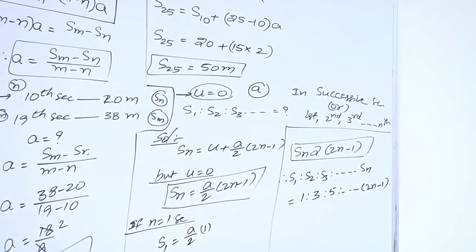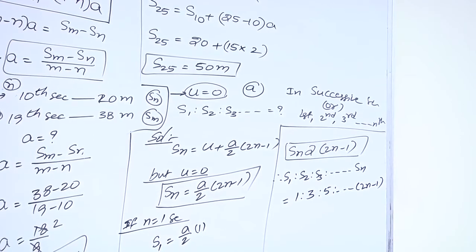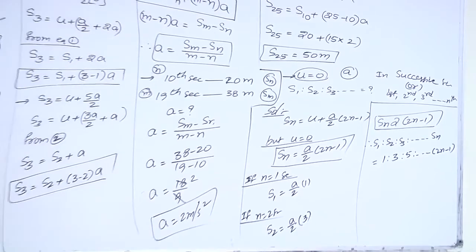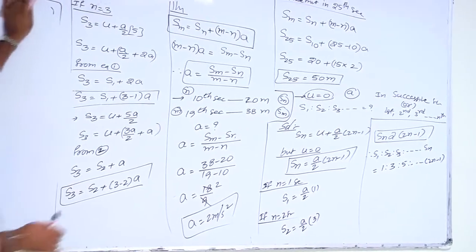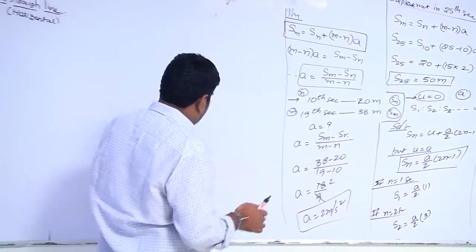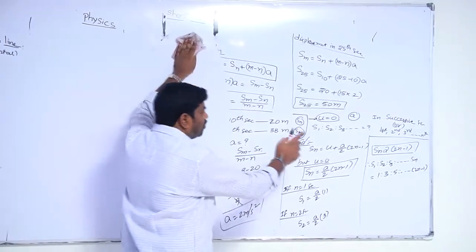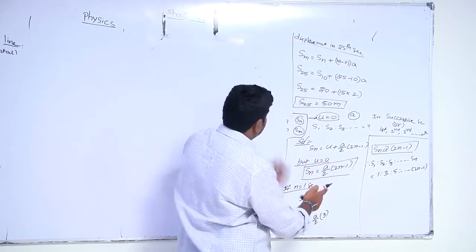Next, in the same problem, the body starts from rest, moving with uniform acceleration. What is the ratio of the displacements in 1 second, 2 seconds, 3 seconds and so on? In the previous one, the ratio of the displacements in the first, second, third seconds was 1 : 3 : 5 and so on.